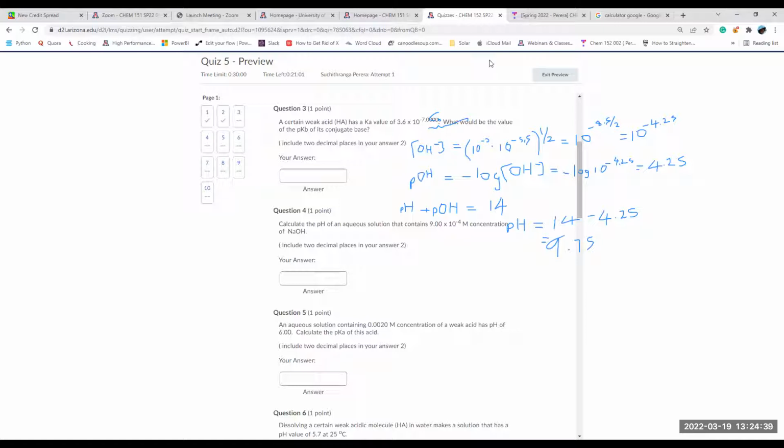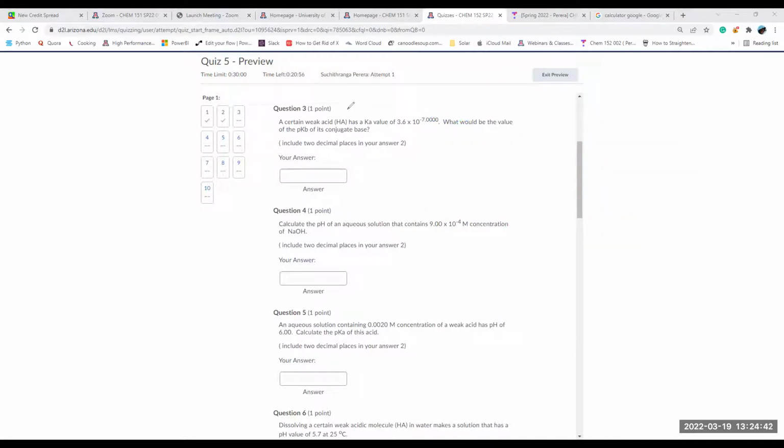Moving on to question number 3. A certain weak acid has a Ka value of this. What would be the value of the pKb of this conjugate base? Okay, this is again another straightforward one.